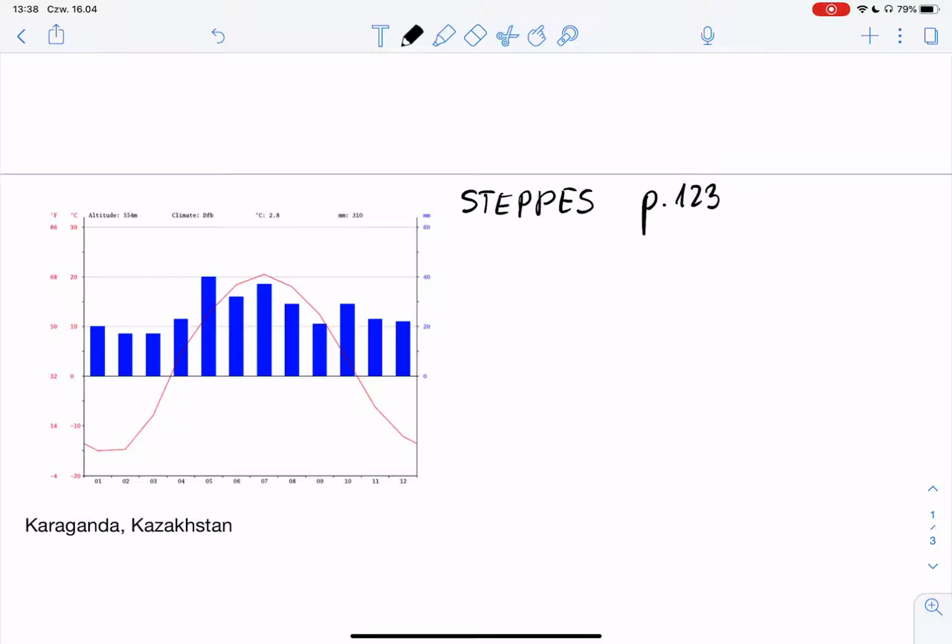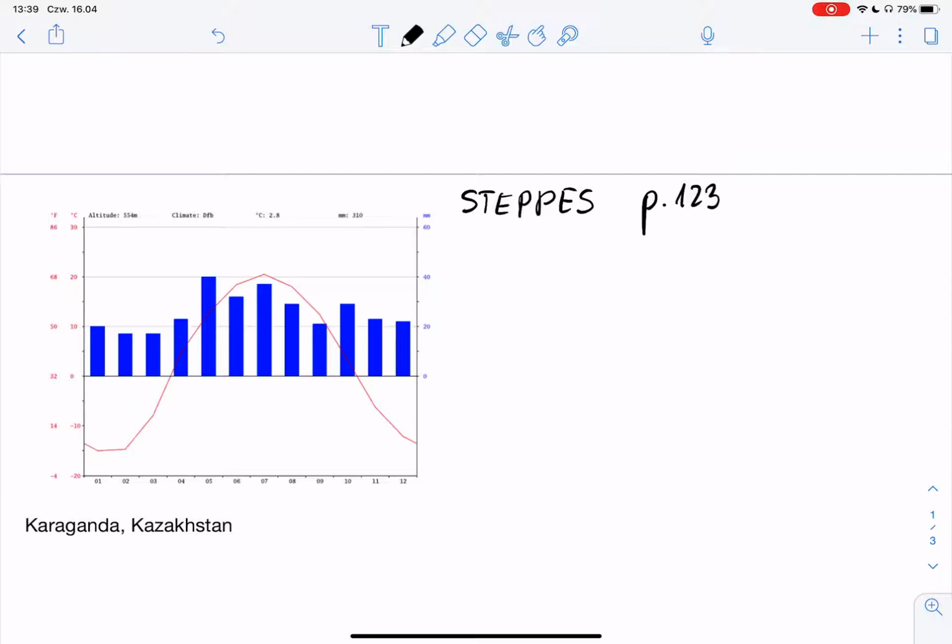Let's analyze the location of steppes on the globe. The biggest areas of steppes can be found in Asia, in the interior of Asia mostly. Also, there are some spots of steppes in North America and in South America. In Africa, only a tiny percentage of area is covered in steppes.